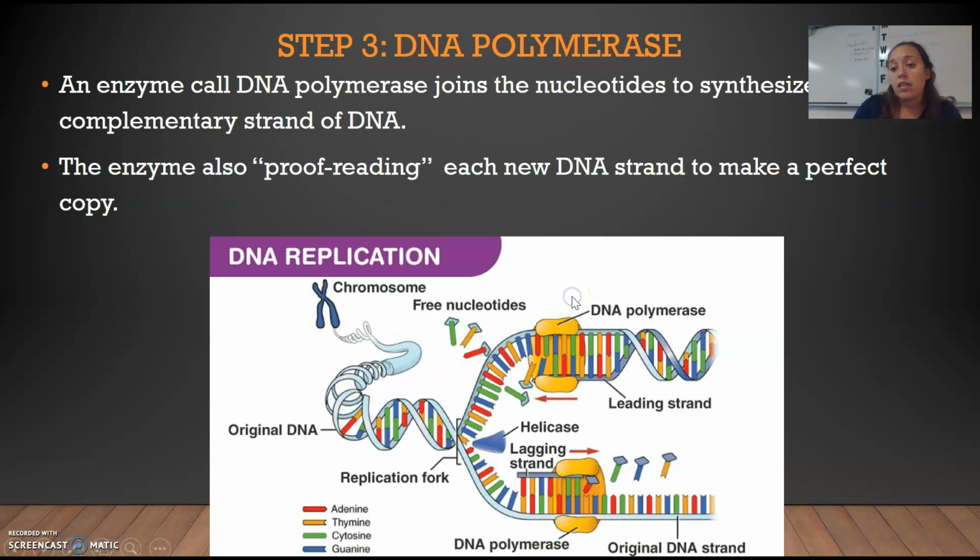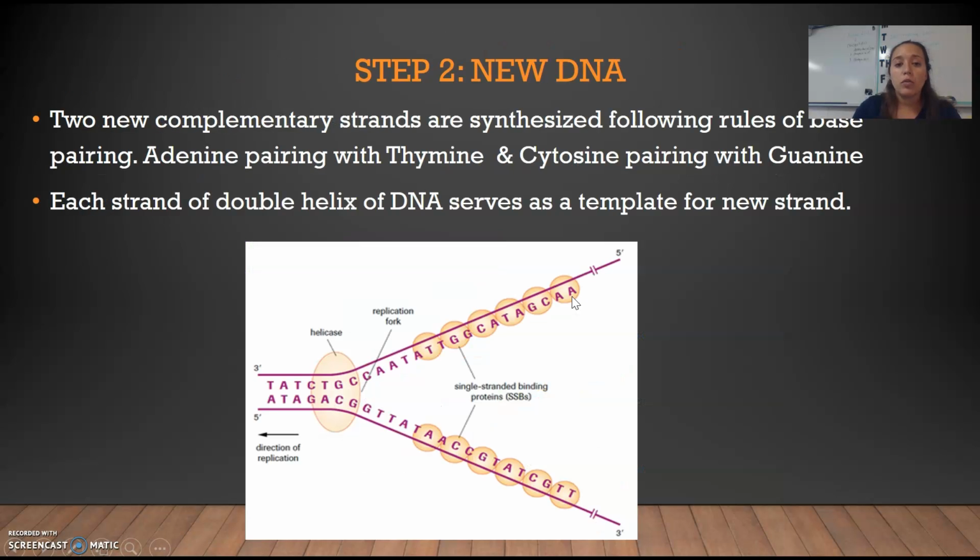So if there was an A there, you'll make a T. And we'll practice this, guys, so don't worry. Two new complementary strands are synthesized following the rule of base pairing, adenine pairing with thymine and cytosine pairing with guanine. Each strand of the double helix of DNA serves as a template for the new strand. So again, if you're reading a thymine, it will create an adenine. If it's a cytosine, they'll create a guanine. They create the complementary one. And again, we're going to actually recreate this using a foldable.